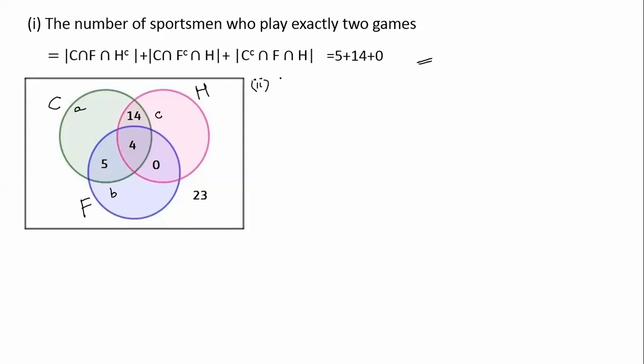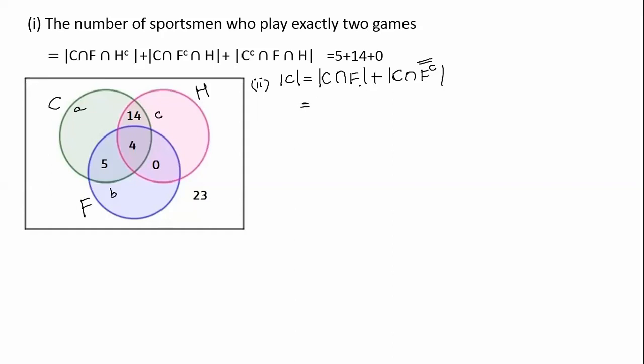Cardinality of C, means the number of people playing cricket, is equal to the number of people playing cricket and football plus the number of people playing cricket but not football. So I think you understand this. Okay.